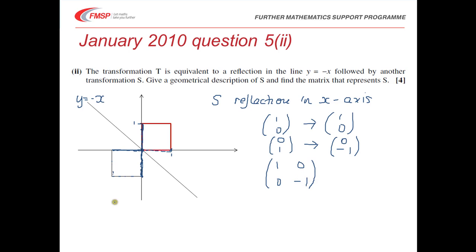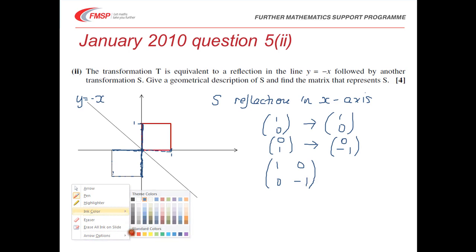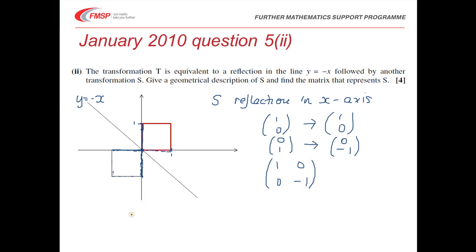A little bit harder to put all that together, but let's just see how the marks actually work. You do get a mark for looking at the image of either the unit square or two vectors in the line y equals minus x. You then get a method mark or an accuracy mark for seeing that S is a reflection in the x-axis.